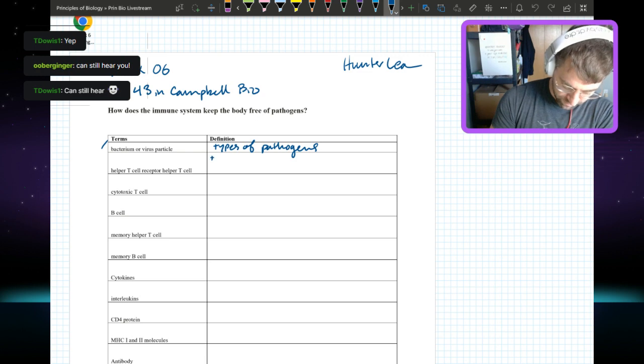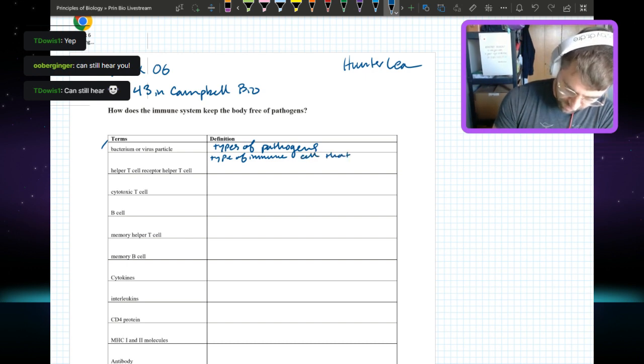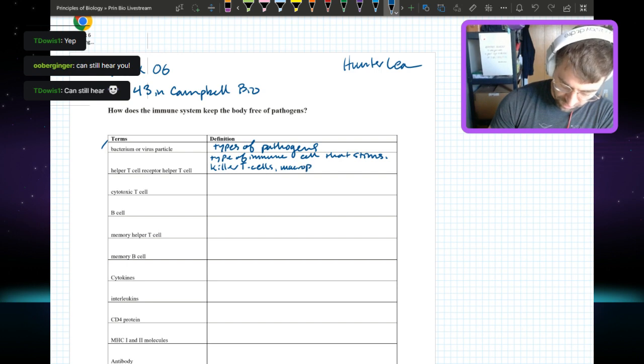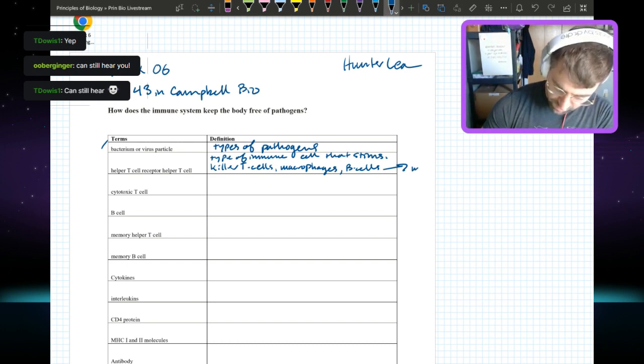So, type of immune cell that stimulates killer T cells, macrophages, B cells. In short, makes an immune response.